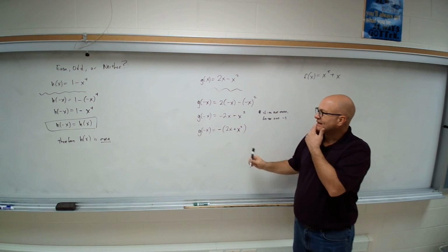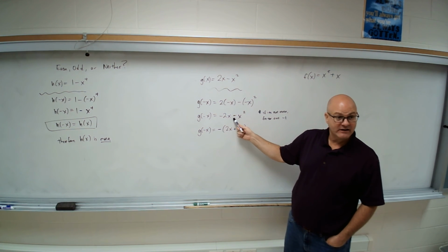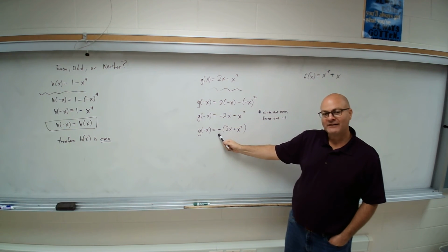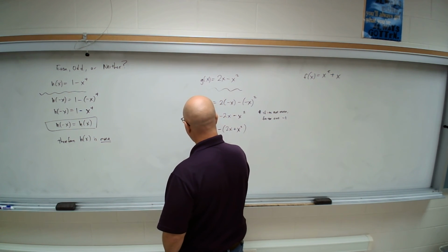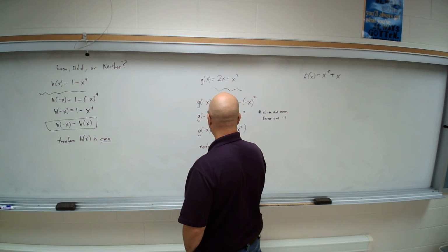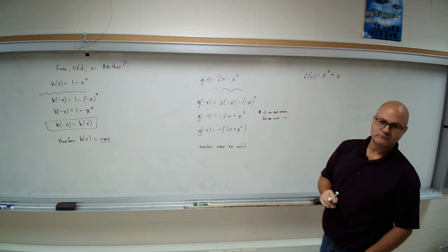But if we look, does that match the original piece? No. So if it didn't match here, and if you take a negative 1 out and it doesn't match, is it ever going to match? No. So this is neither even nor odd. Or just put neither if you wanted to, whatever you want to do.